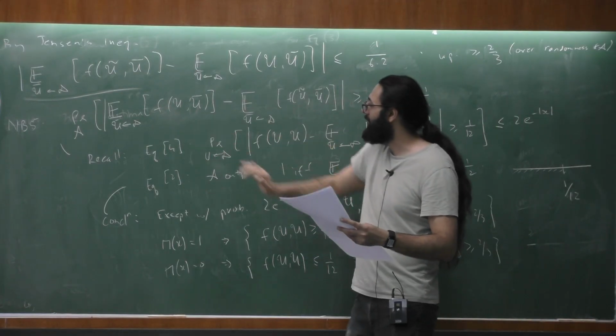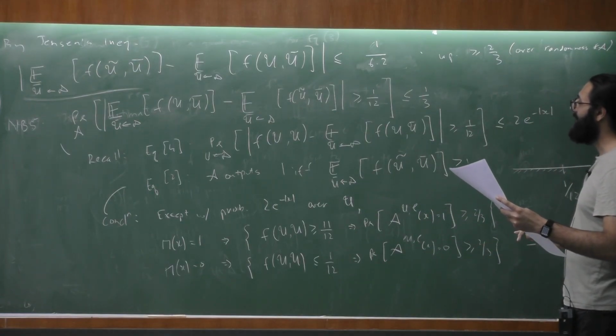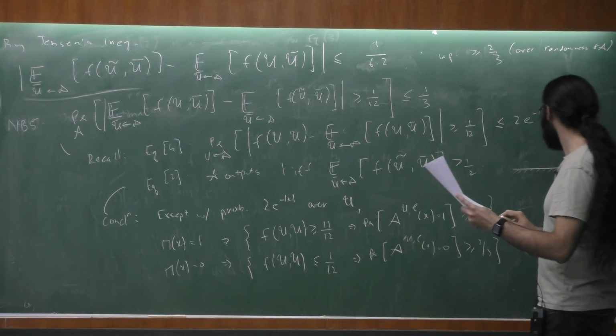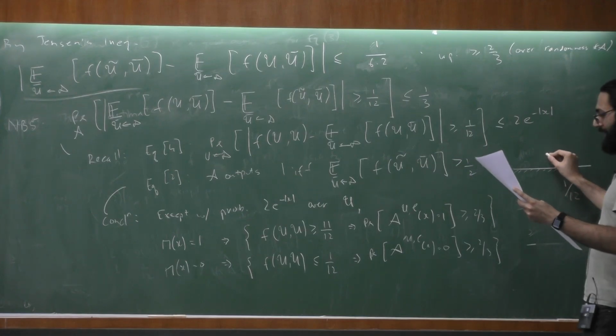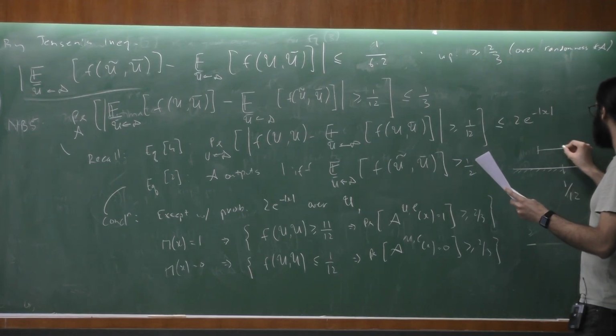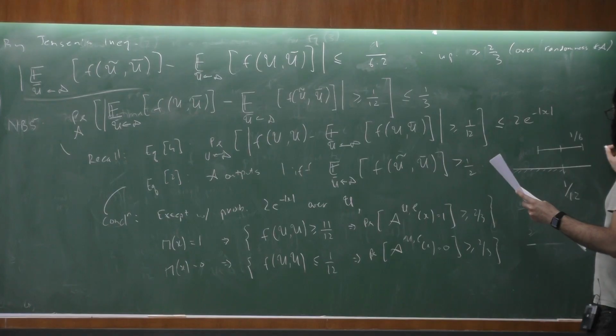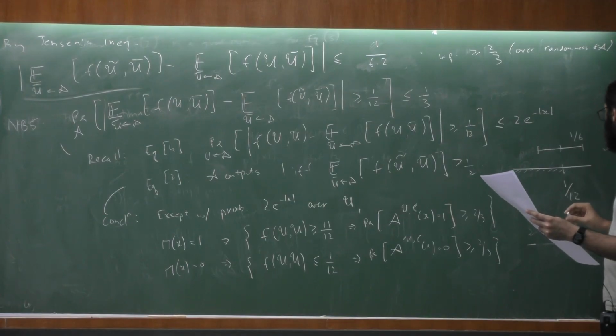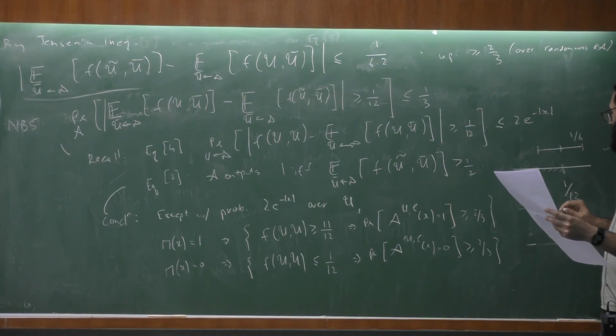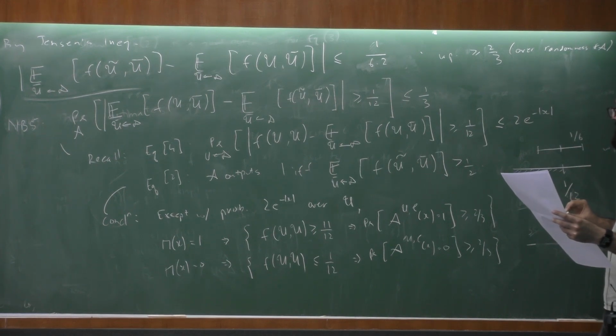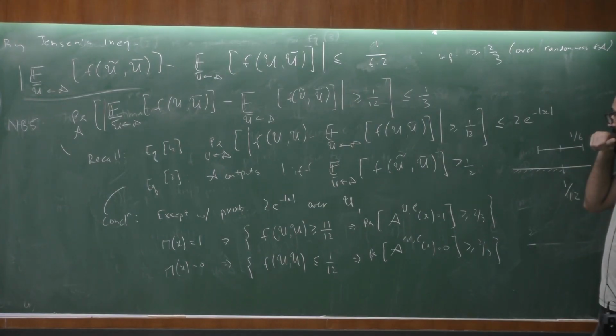And f(u, u bar) is at most 1 by 12, and you know that the gap between these two is going to be at most 1 by 12, so somehow you will get an interval here of size 1 by 6, and you'll get this with probability 2/3.